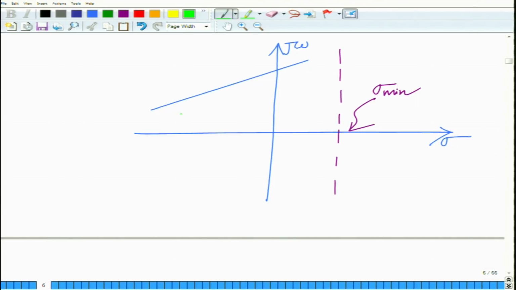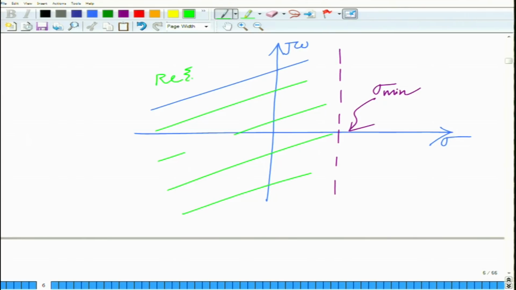Then the ROC will be real part of S less than sigma min, and this is your ROC. ROC equals real part of S less than sigma min.